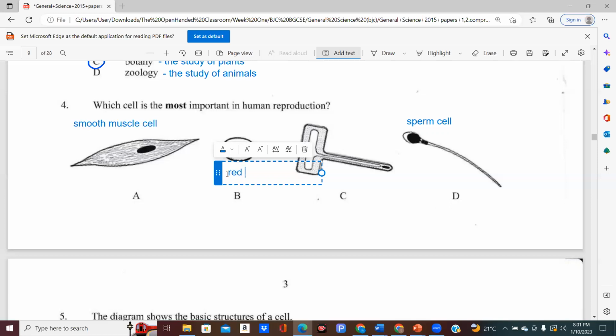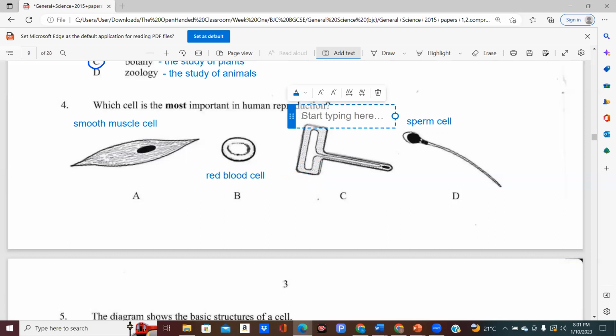Red blood cell. And what is C? Hold on. Wait. I have it on the tip of my tongue. Anyone know what is C? Is it, wait, ammonia?